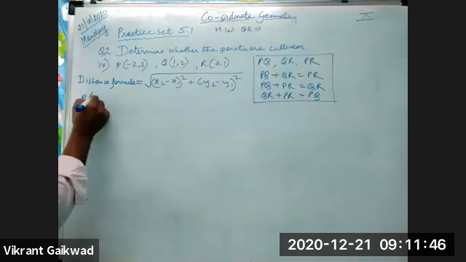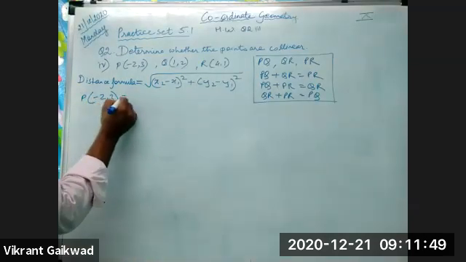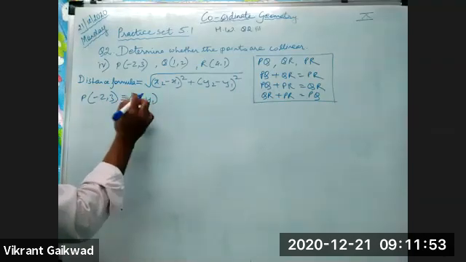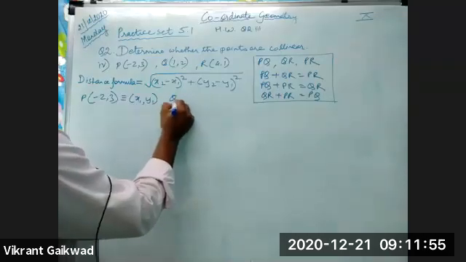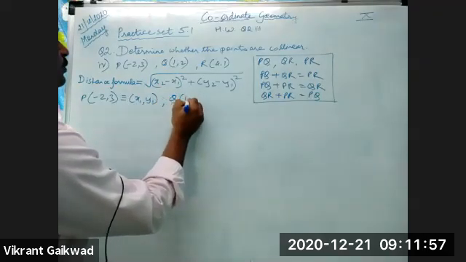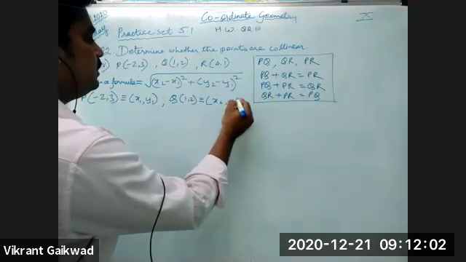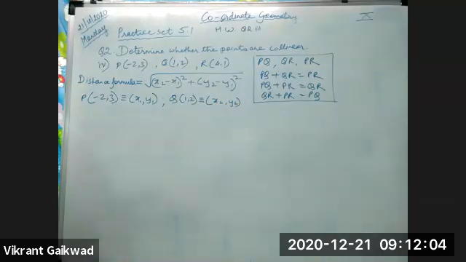Now see, we'll find PQ. The coordinates of P are 2 comma 3, so this is equivalent to x1 and y1. Q is 1 comma 2, and this is equivalent to x2 and y2.